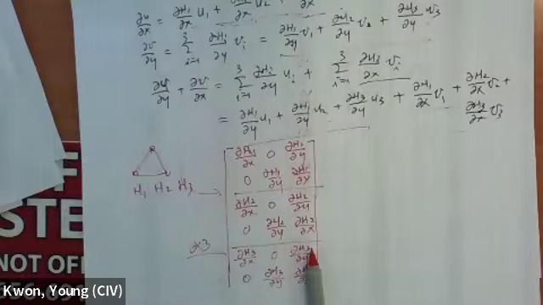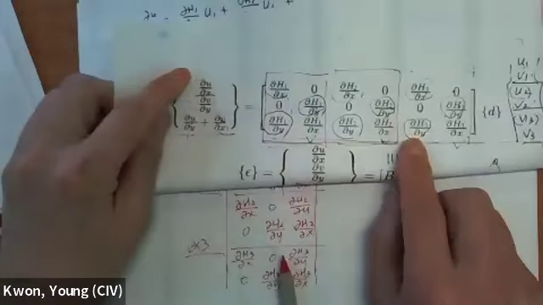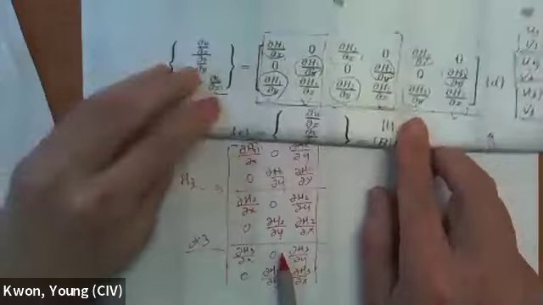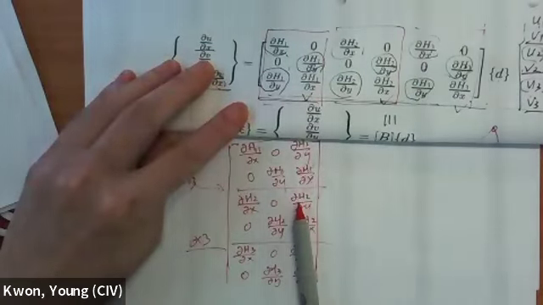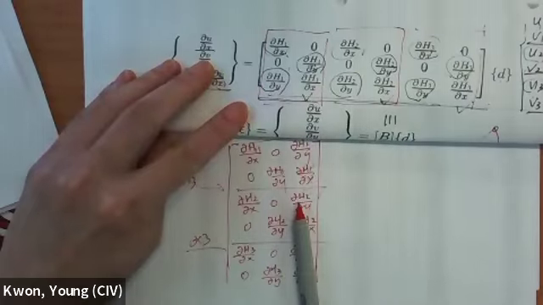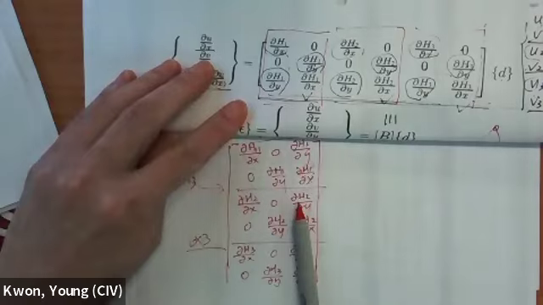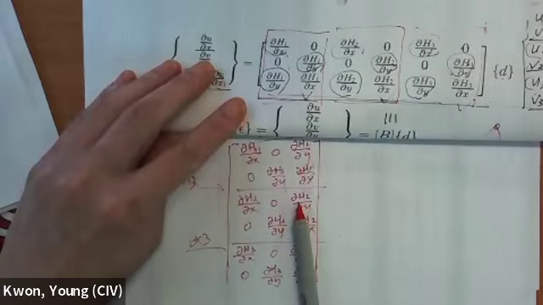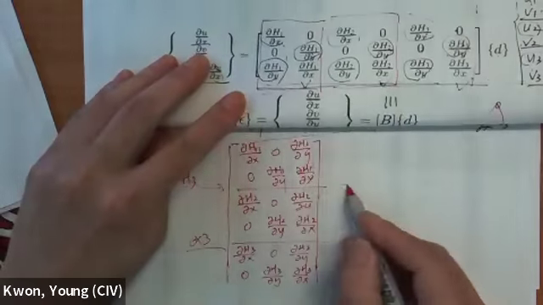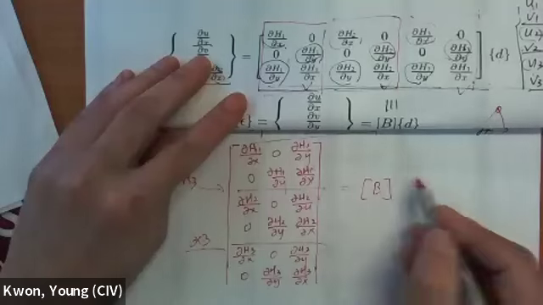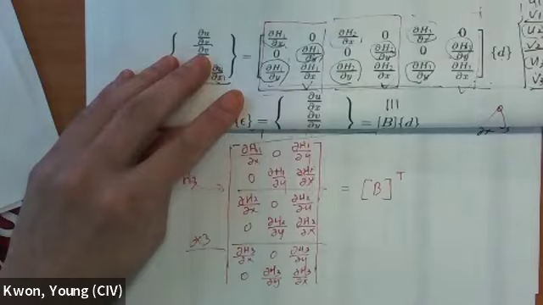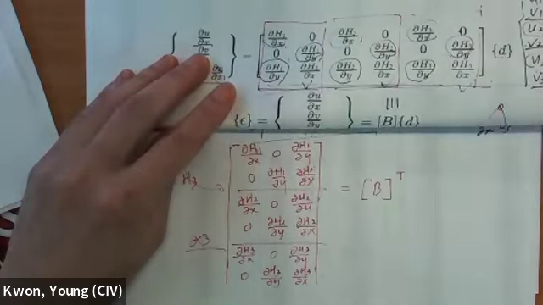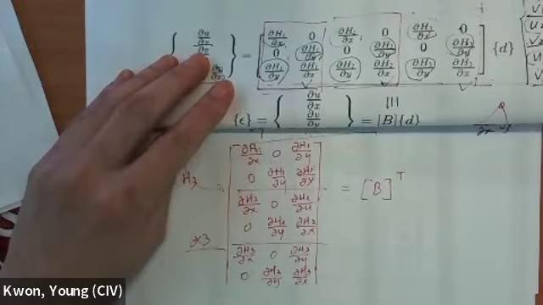What's the difference? Change it, that means mathematically, what do you call? Transpose. Transpose, right? So this is equal to matrix B transpose, right? So column becomes row, row becomes column, transpose.